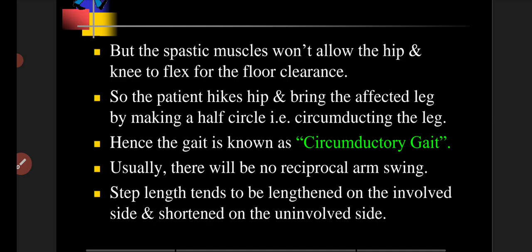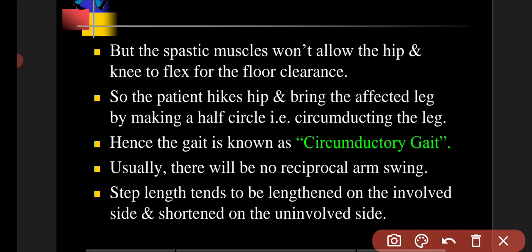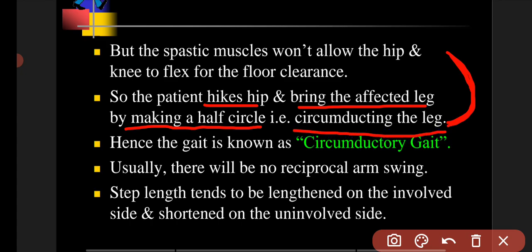So the patient hikes the hip laterally and brings the affected leg around by making a half circle sideward. That is the circumduction of the leg. That's why it is also known as the circumductory gait.